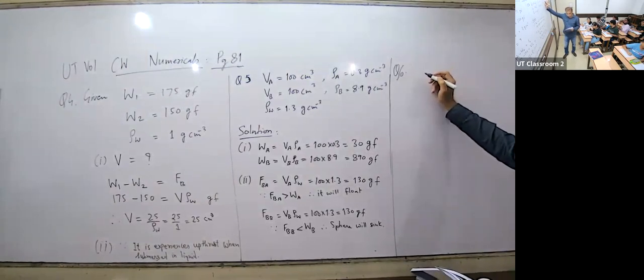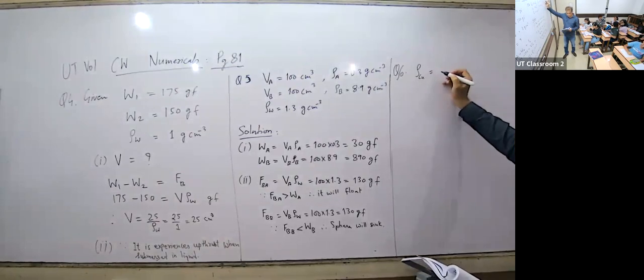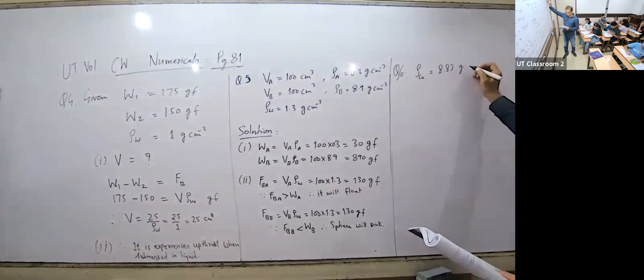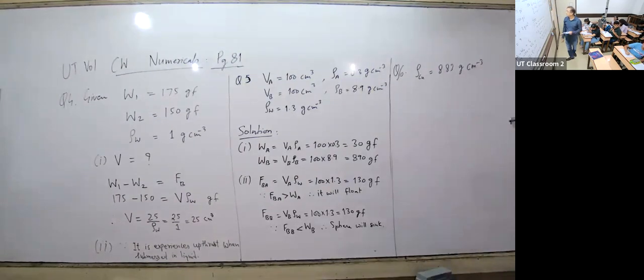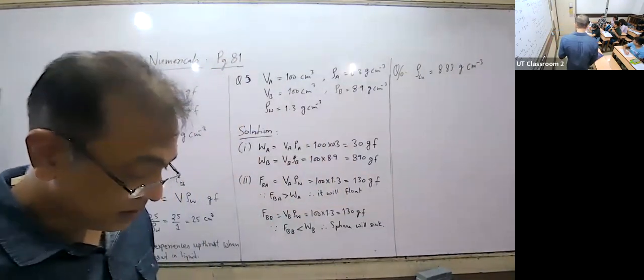So density of copper is given as 8.83 grams per centimeter cube. Now you're expected to convert it into kg per meter cube.